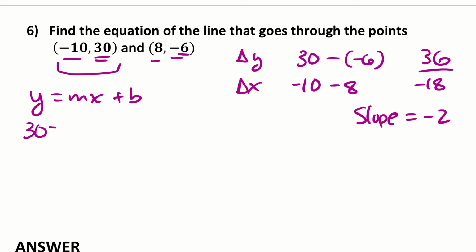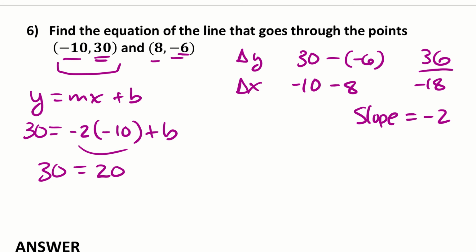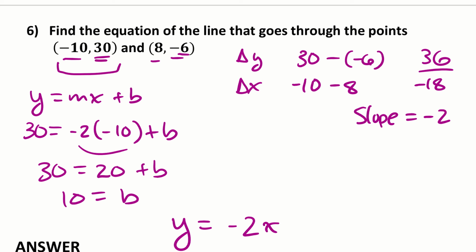Y, which is 30, equals my slope of -2 times my x value of -10, and then plus b. This is positive 20, so 30 equals 20 plus b, and that means that b has to be the number 10. So my equation should be y is equal to -2x plus 10.